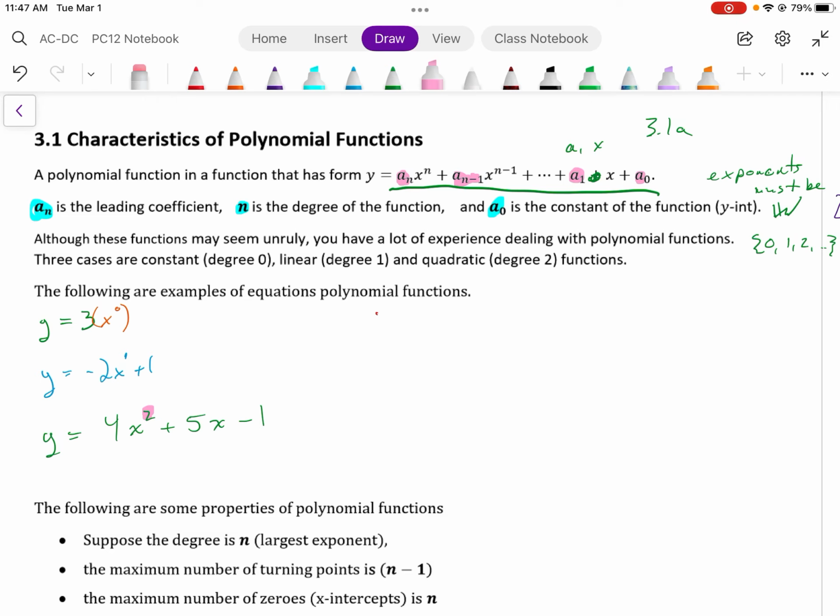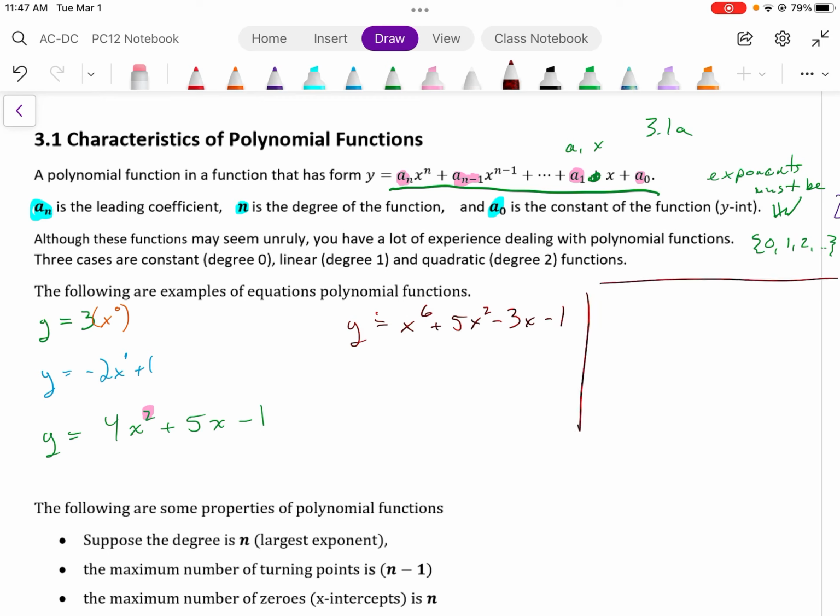So these are examples of quadratic functions, and if you want, I can make a very simple quadratic function like y is equal to x to the power 2. And if you want, I can continue on by adding terms. And that's still a quadratic function.